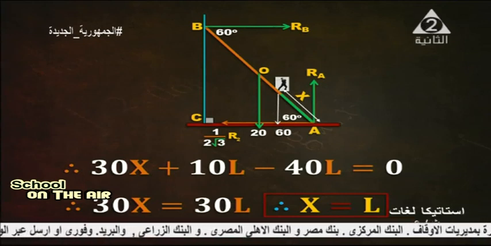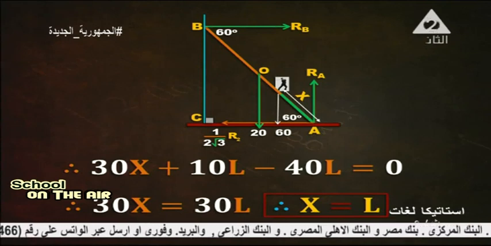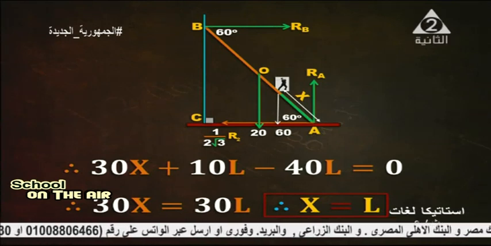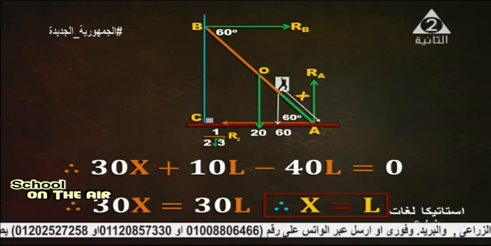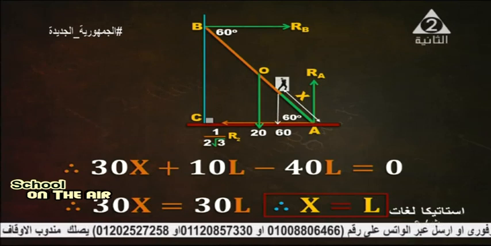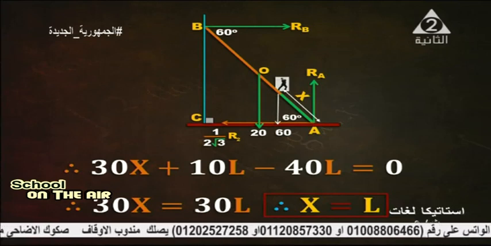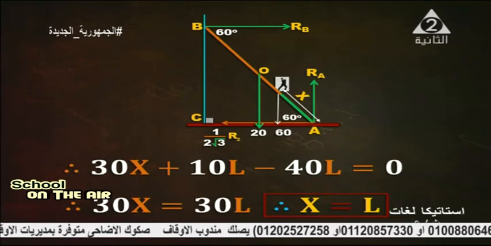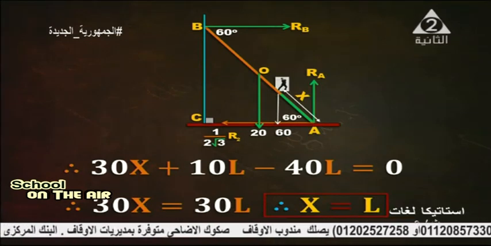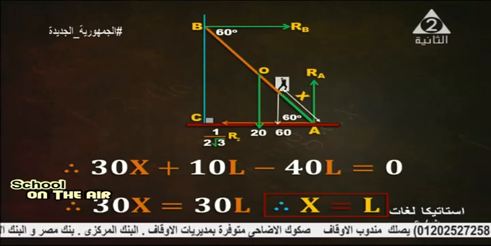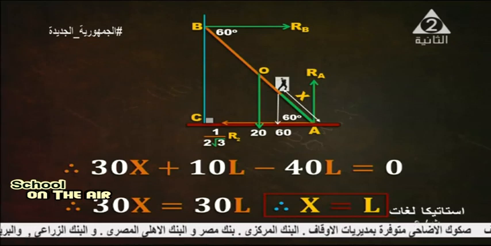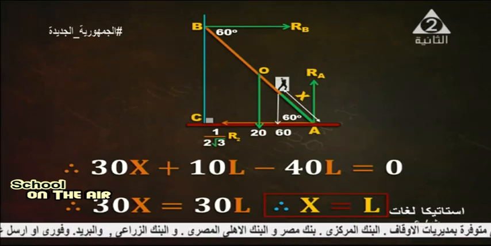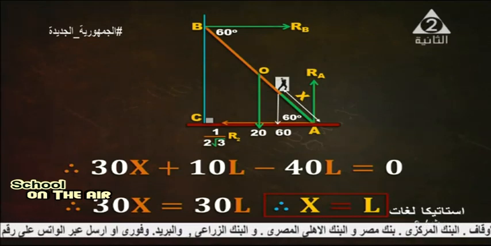Why? Because the wall is a smooth vertical wall. We know that the reaction of a smooth vertical wall must be perpendicular to it. Therefore, my dear student, this is very important: the reaction of a smooth surface must be perpendicular, but the reaction of a rough one is not perpendicular.